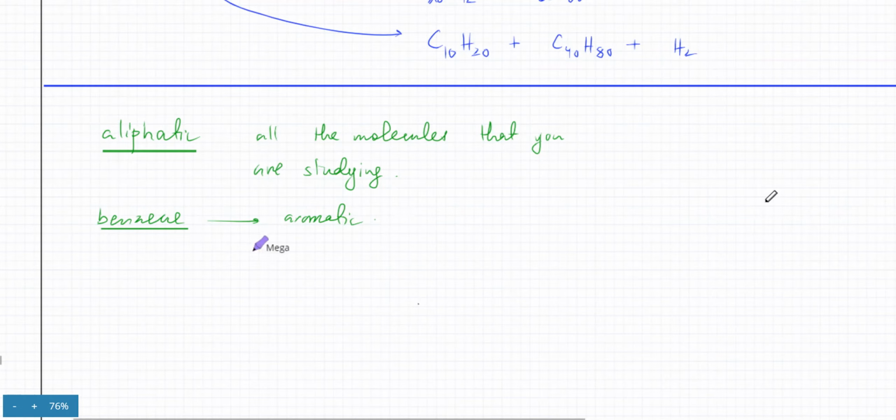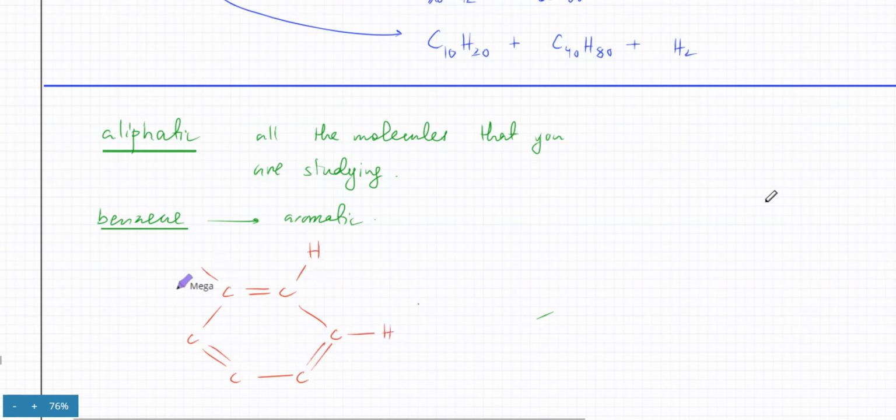Now, what is benzene? The structure of benzene is in your course. Benzene is this thing. So I'm going to quickly draw the structure of benzene. It's 6 carbon atoms in a cyclic arrangement, and they have alternating double bonds.